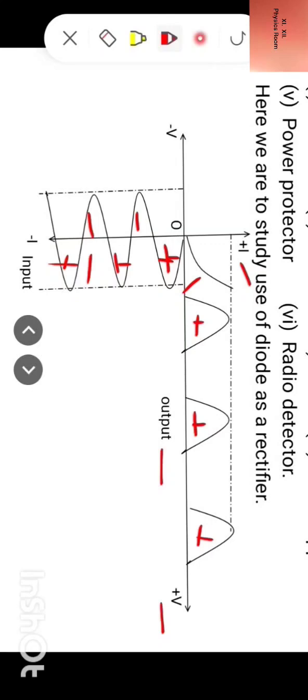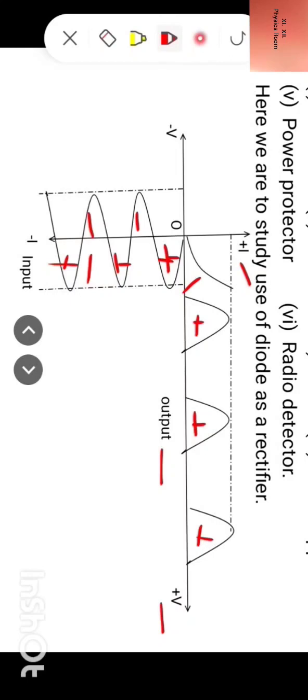So it means in the output only half cycles are available when we apply AC input to the diode. So when positive half is coming, diode is conducting and we are getting output. When negative halves are coming, diode is not conducting and we don't get negative halves at the output.